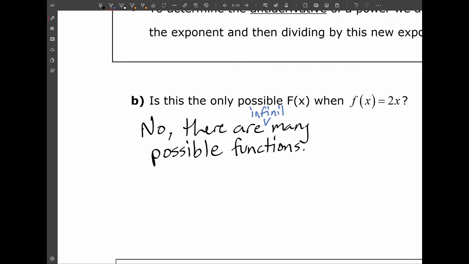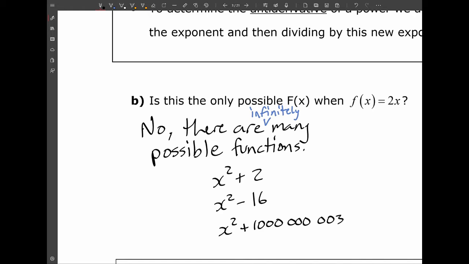For example, what about x squared plus 2? Or x squared minus 16, or x squared plus 1,000,000,003, right? All constants, when we take their derivative, are just 0. So we can add any constant, and it will still have the same derivative.